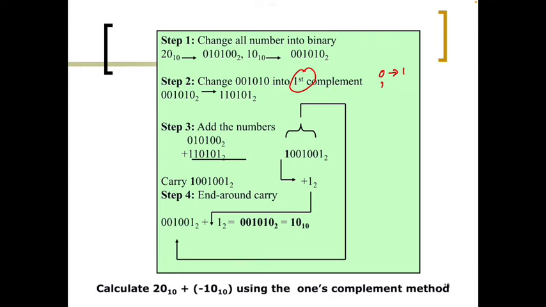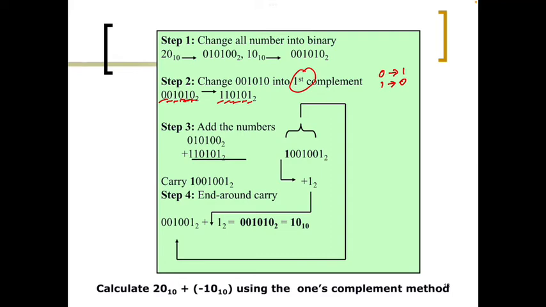So we have 1 1, from 1 becomes 0, from 0 becomes 1, 1 0 0 1. So this number represents the one's complement.